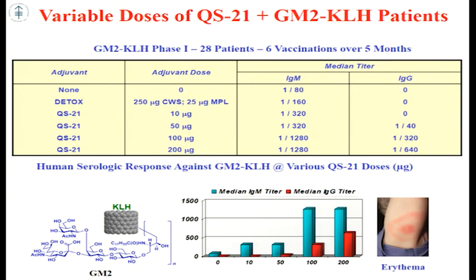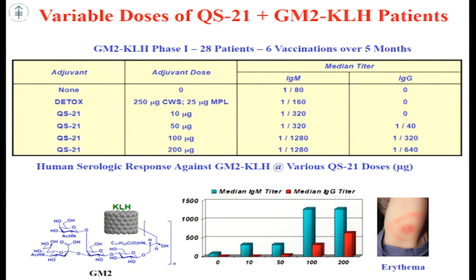Then we took it into the clinic. I'm going to go back and forth between the different antigens, because we did clinical trials with almost all the antigens I showed in the previous slide. This is QS21 compared in patients with the GM2 vaccine, and all the vaccines I'm talking about here are conjugated with KLH, the gold standard.